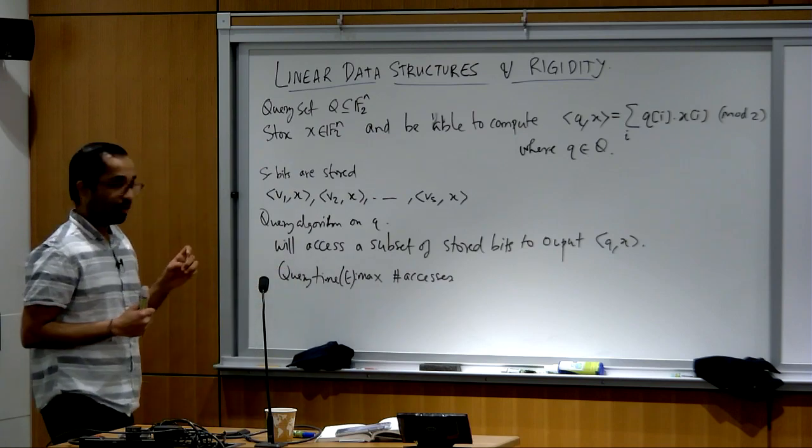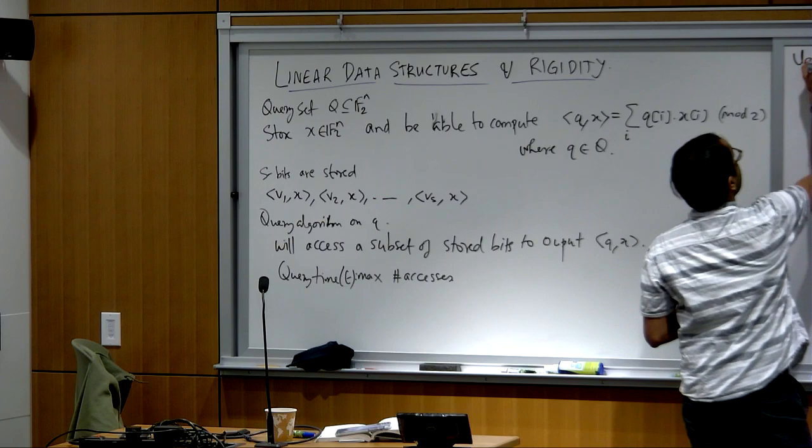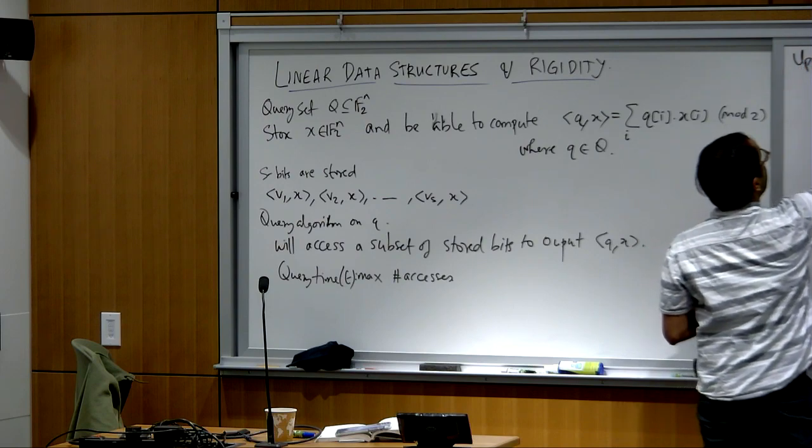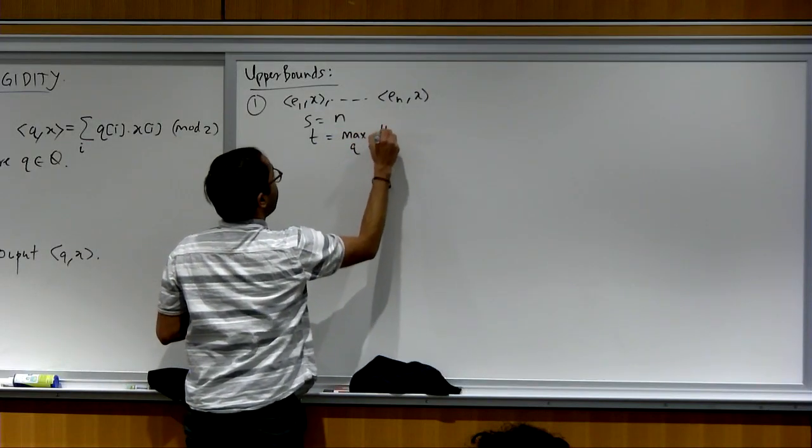Now let's discuss some simple upper bounds. As Thomas said, one option is to store e1 x all the way through en x. Here the space is n, and the time is the maximum over q in capital Q of the Hamming weight of q.